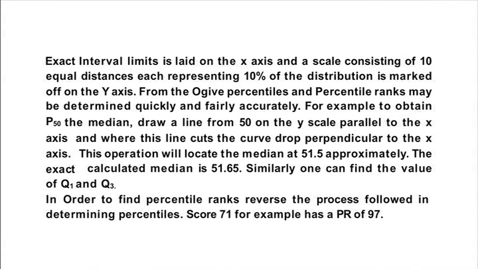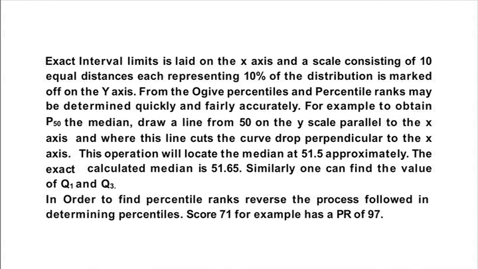For example, to obtain P50, that is the median, draw a line from 50 on the y-axis parallel to the x-axis, and where this line cuts the curve, drop a perpendicular to the x-axis. This operation will locate the median at approximately 51.5.